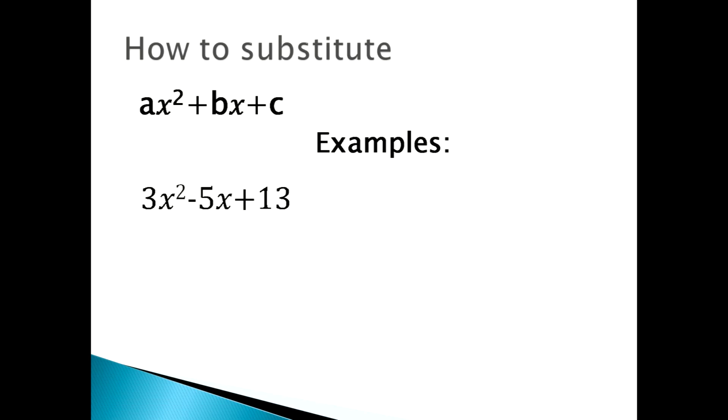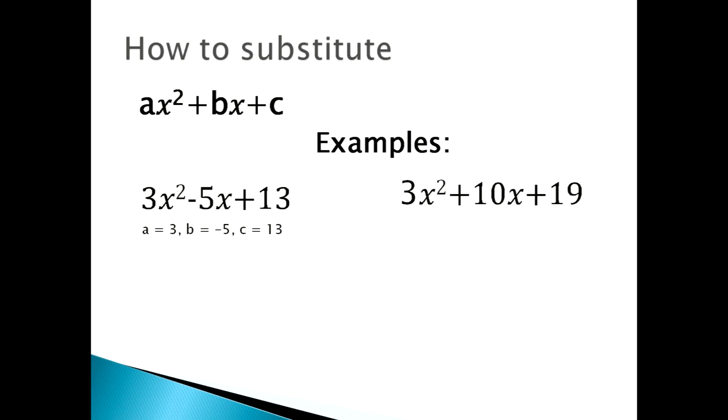Just by looking at it, you already know that you won't be able to factorize this quadratic. In order to use the quadratic formula, you need to identify what a, b, and c are. So in this example, a is 3, b is minus 5, and c is 13.